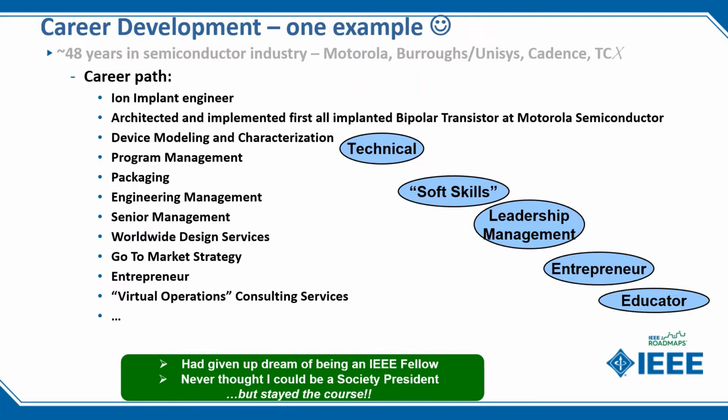I've consulted with 20 plus, wrote a book, and more recently, I've been teaching other students how to become entrepreneurs. And in all of this, I'd kind of given up my dream of being an IEEE fellow. I never thought I could be a society president. Well, that changed in the 2000s, and so here I am.